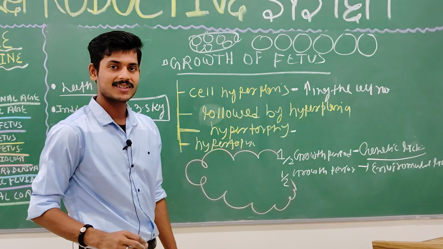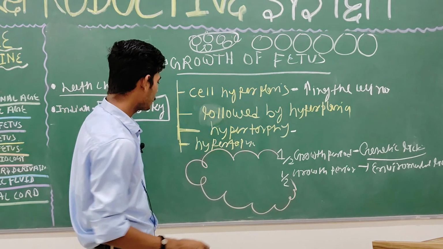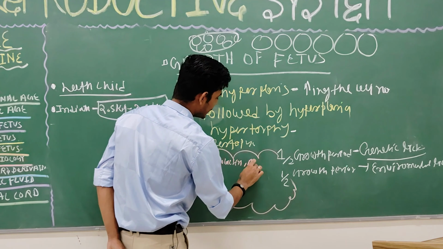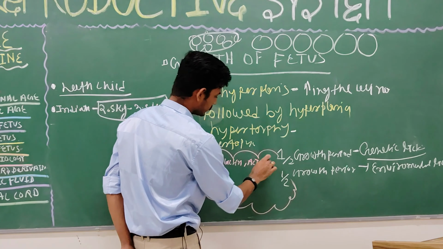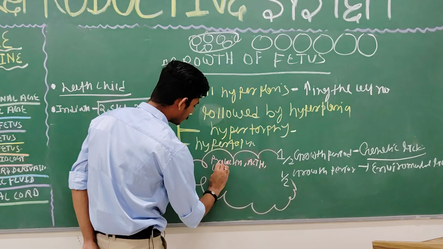Don't forget about the hormones. Hormones are intracellular messengers, and these hormones, mainly prolactin, ACTH, growth hormone, and insulin-like growth factor called IGF-1, are very necessary for intrauterine growth as well as postnatal growth.